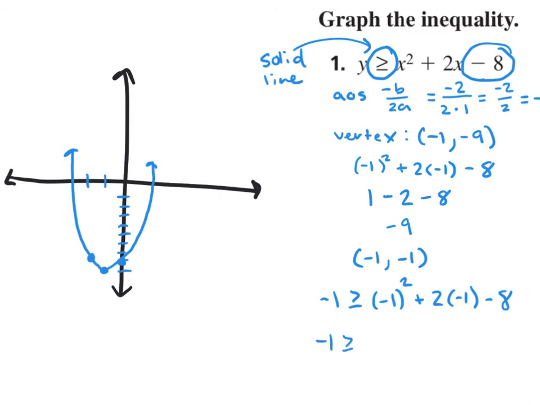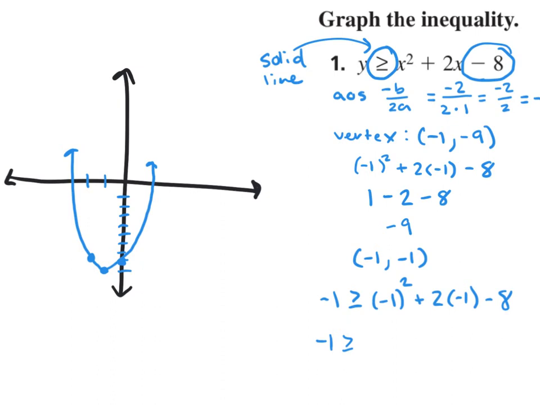What was your question? Yeah, so technically, we already solved the right side of our equation here. When we were finding the vertex, we solved the right side of our equation when we plugged -1 in. So what are we going to get on the right side of our equation down here? -9.